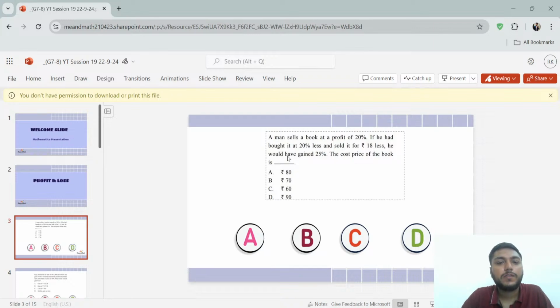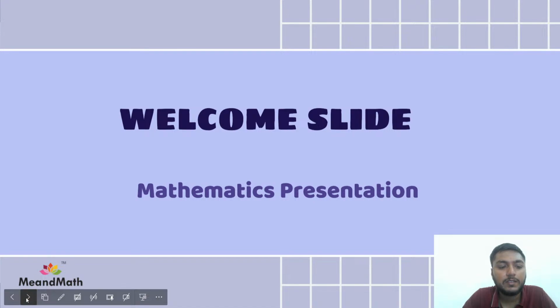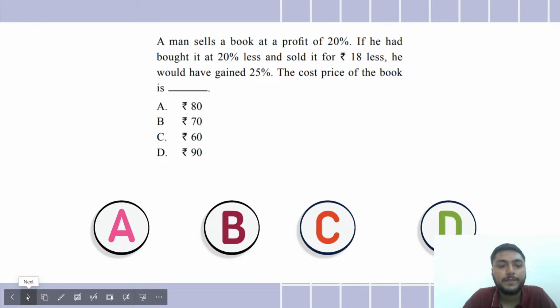So for the first question, as you can see on my screen, a man sells a book at a profit of 20%, and if he had bought it at 20% less and sold it for 18 rupees less, he would have gained 25%.